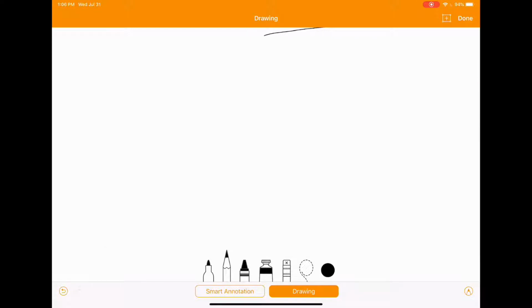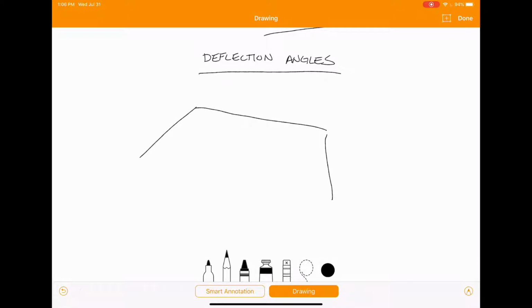And then finally, the last thing that you're going to have to be able to find are deflection angles. So again, you're going to have some shape.